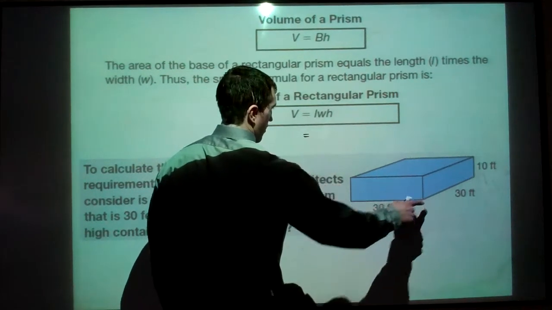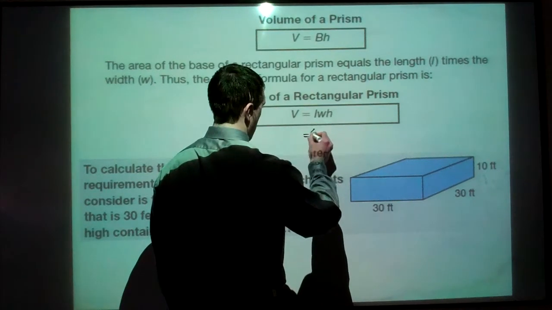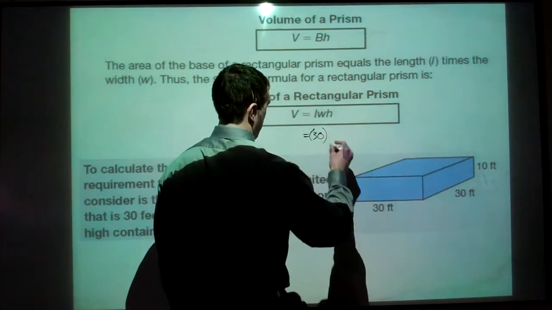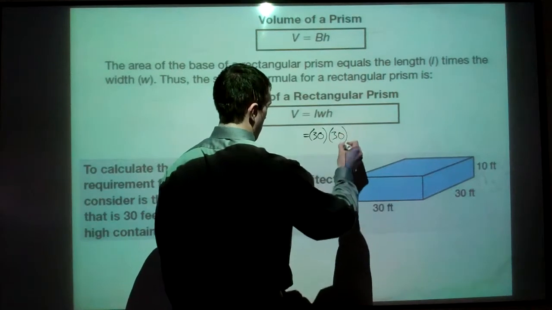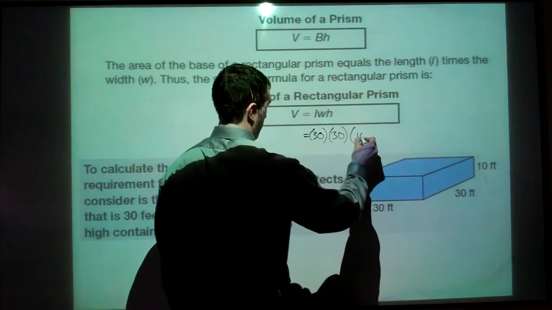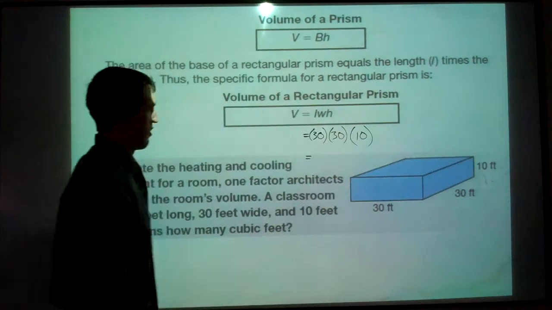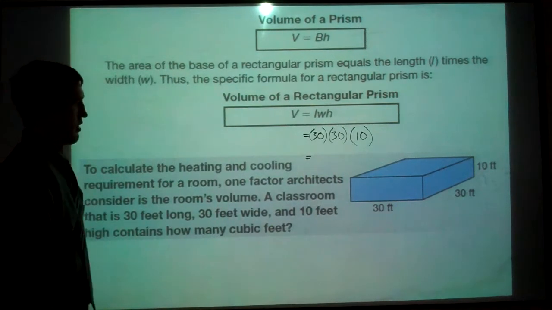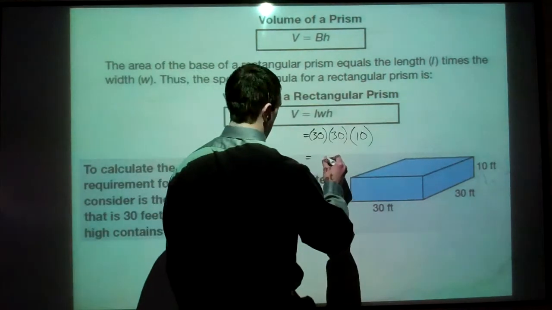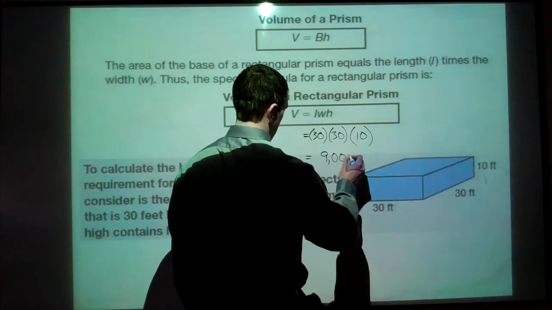Our length is 30 feet, our width is 30 feet, and our height is 10. So we just multiply everything together, and we should get 30 times 30, 900, times 10 should be 9,000.